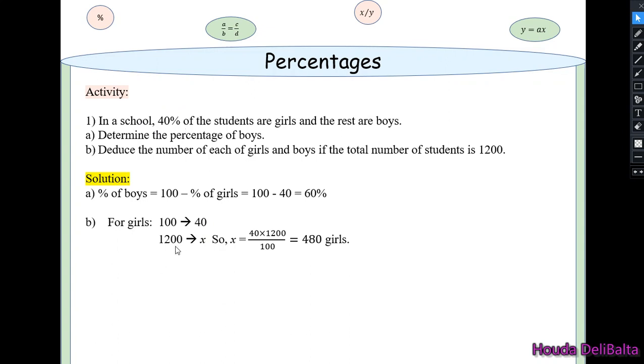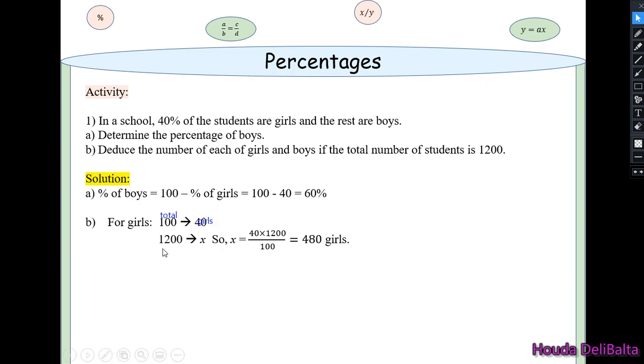So how many girls do we have in 1200? So here is for the total, and here is for the girls. So if the total is 100, I have 40 girls.